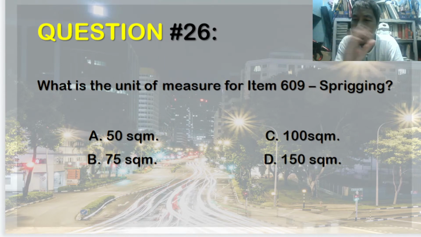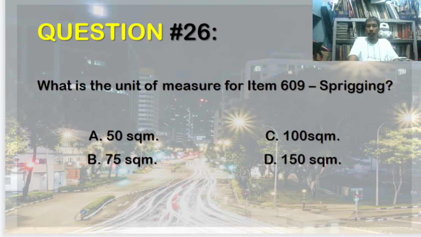Item 100 is actually chapter 1. Item 609 is actually on chapter 6, section 9 of chapter number 6. That is how it is being issued as department order.